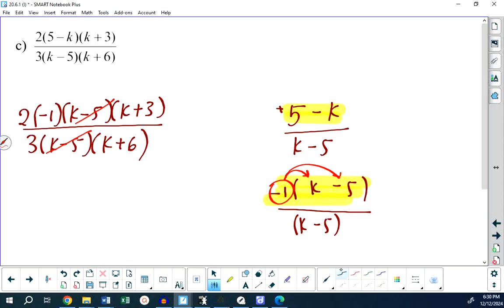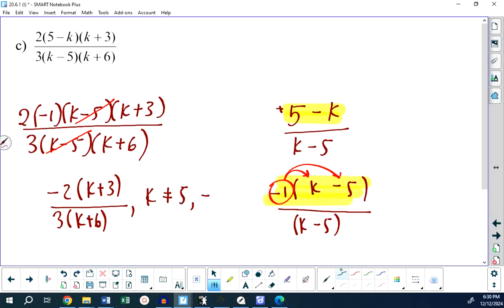So in the numerator, I have negative 2, k plus 3, over 3, k plus 6. K is not allowed to be 5 or negative 6 because of the original denominator. So this is our answer to C.